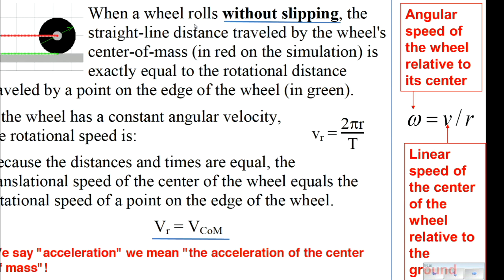For that person, that red dot moves just in a circle, and speed equals distance over time, or circumference over one period. But the center of mass travels relative to the ground the same distance. So for the center of mass, speed will be equal to distance traveled over time, and they are equal. Equal distance, equal time, equal speed.